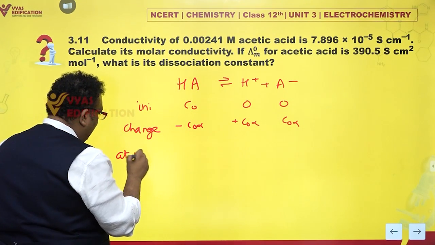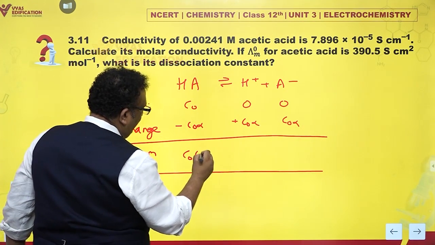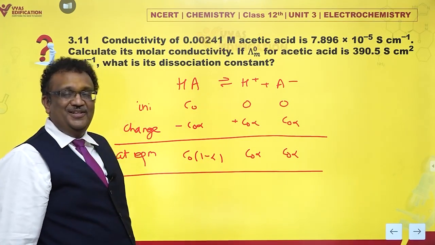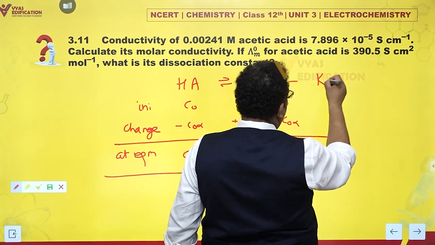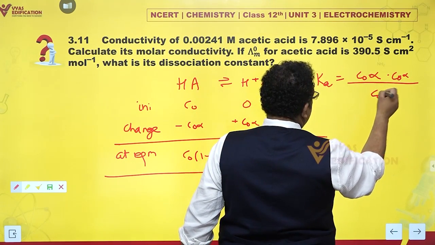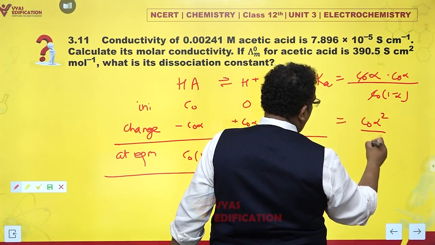Then at equilibrium, I get C naught 1 minus alpha, C naught alpha, C naught alpha. What is Ka? C naught alpha times C naught alpha by C naught 1 minus alpha, which is C naught alpha square by 1 minus alpha.